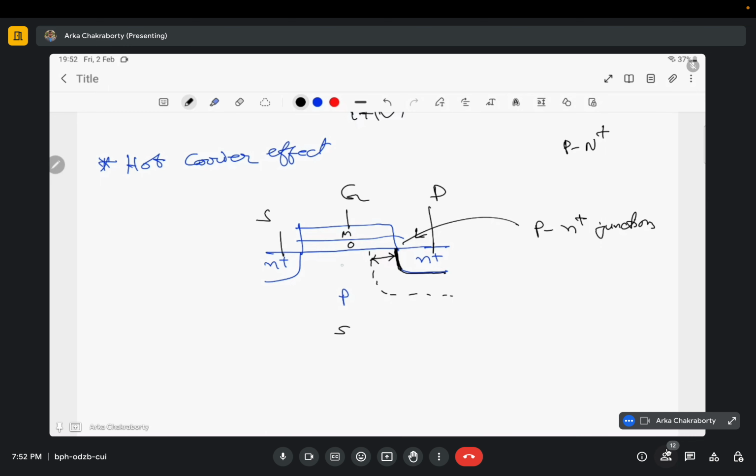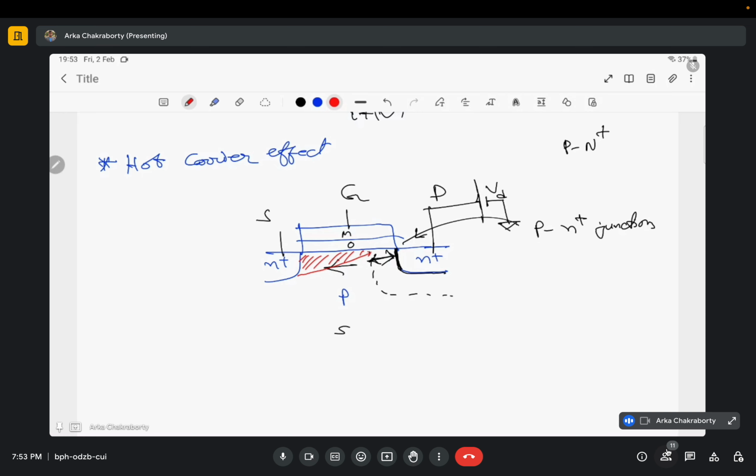It is a lateral electric field, and there is also the drain voltage VD given here. Due to this voltage there is a lateral electric field, and there is the electric field of the space charge region as well. So if you remember, I said the charge profile becomes something like this.